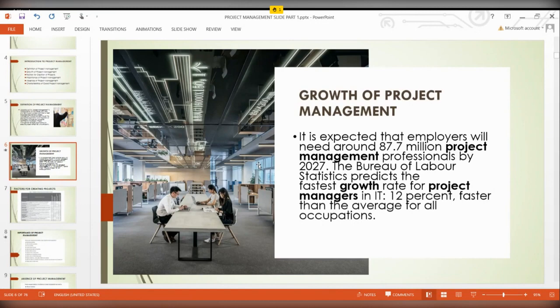Every now and then, companies are trying either to implement one solution or to improve on the solution or to update the solution. So you can see there's constant growth. And that's why there is a high need for project managers.